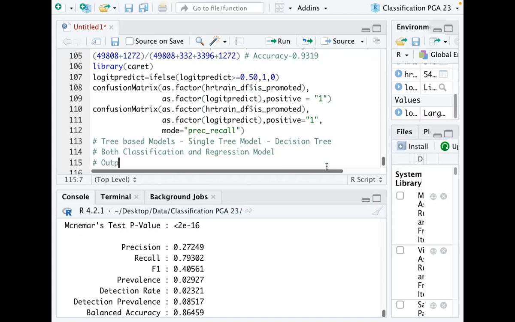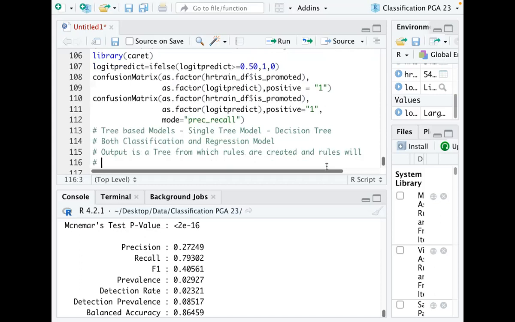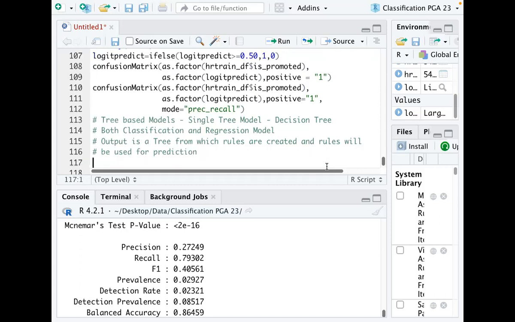The output is a tree from which rules are created, and rules will be used for prediction.